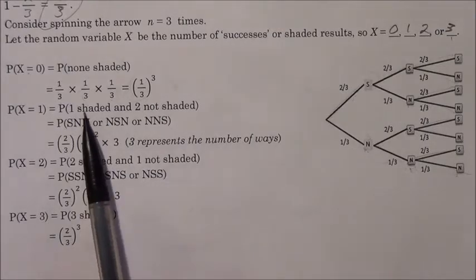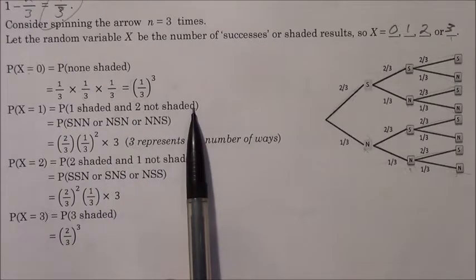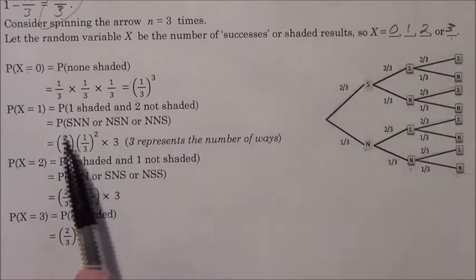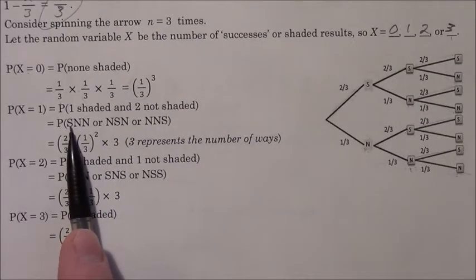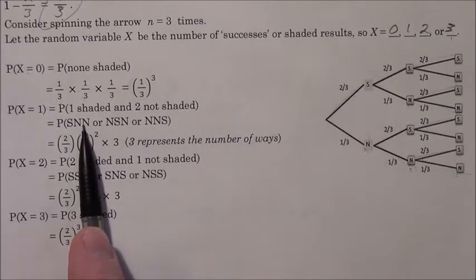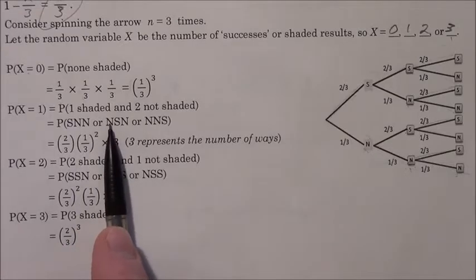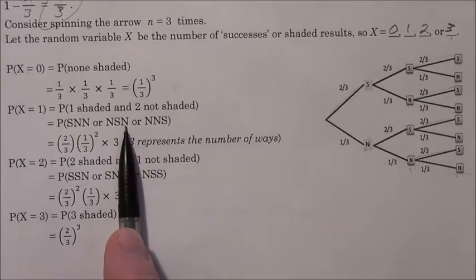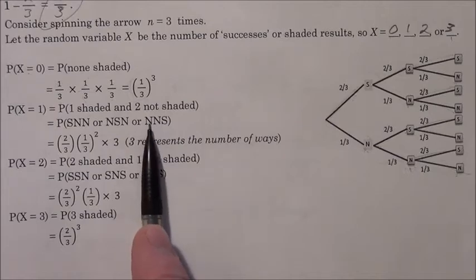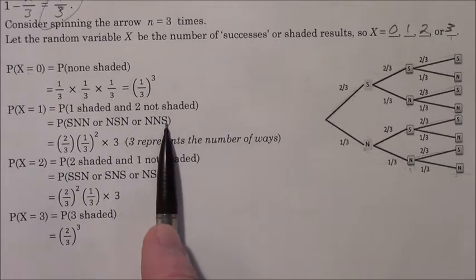Then if we say it's 1 shaded section or 2 not shaded sections, well, when we spin it 3 times, it could either land shaded and then not shaded, or it could be not shaded on the first spin, then shaded, then not shaded, or the first spin would be non-shaded, second spin is non-shaded, and the third spin is shaded.